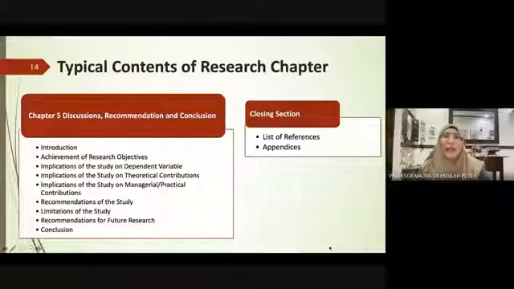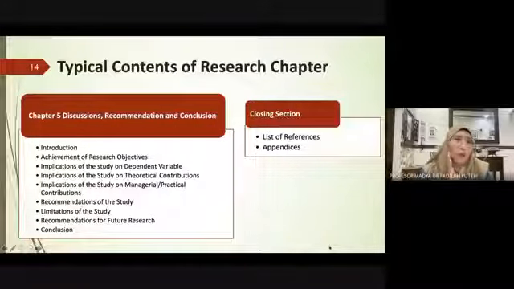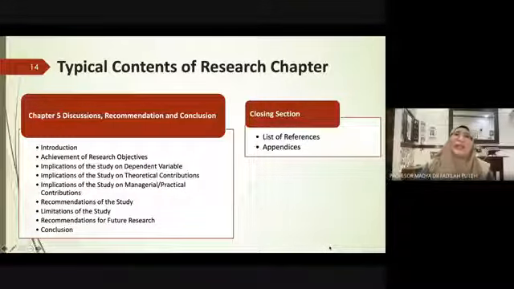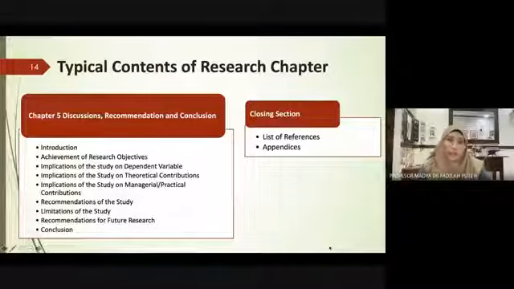Because at the end of the day, we as the examiners, besides chapter 1 and also the conceptual framework, as well as the results and whatnot, we look at this thoroughly, because we want to know to what extent the study by the student actually contributes to the body of knowledge, and to what extent the study is very significant. So these are some of the typical contents that all of you need to observe.